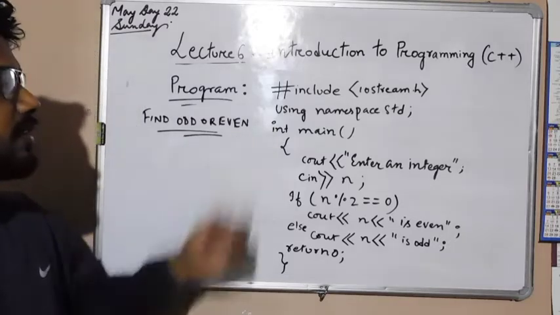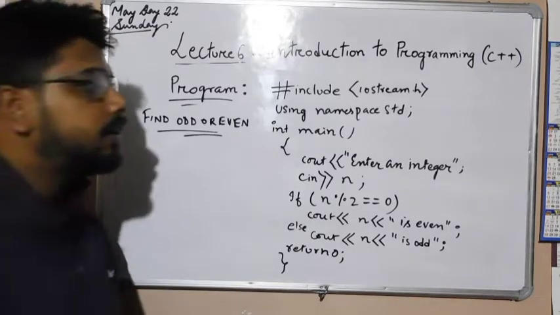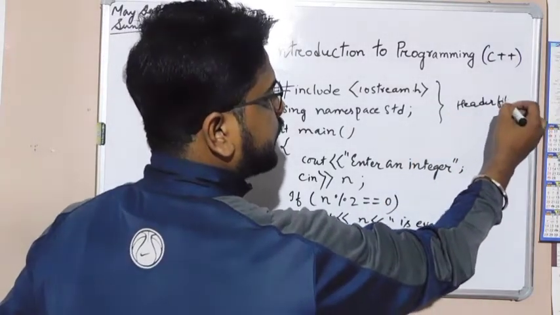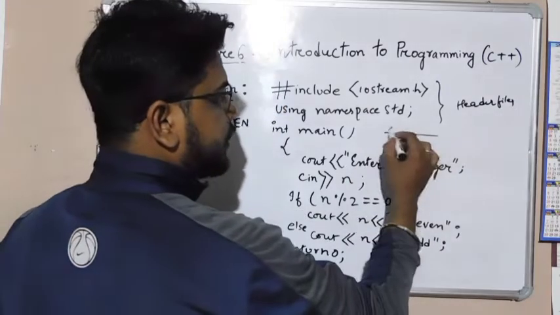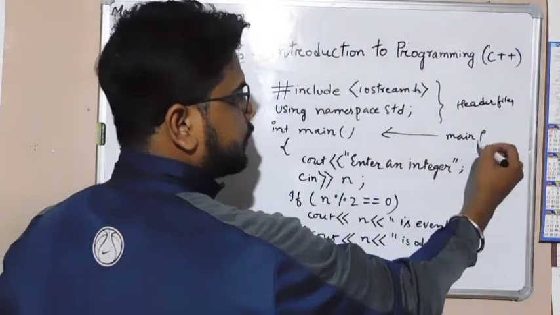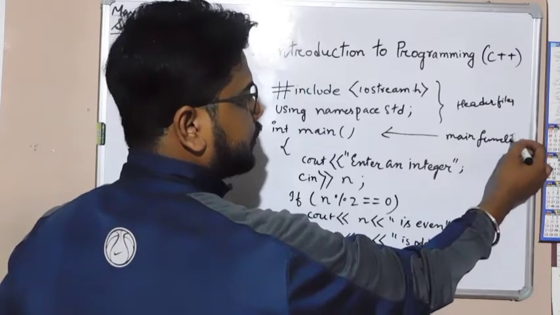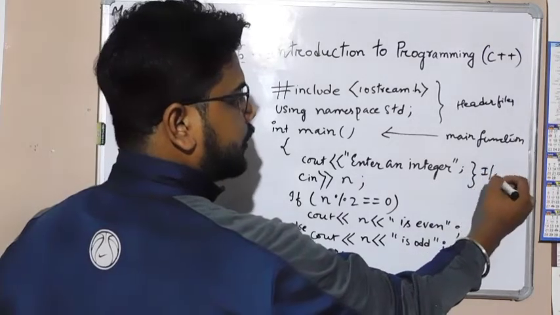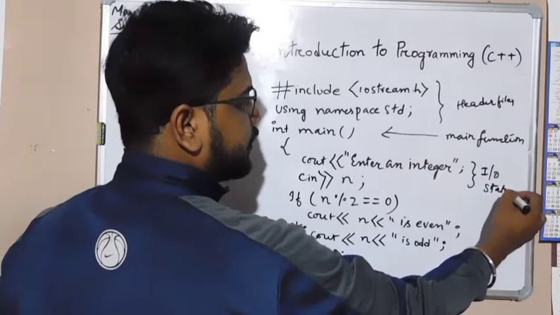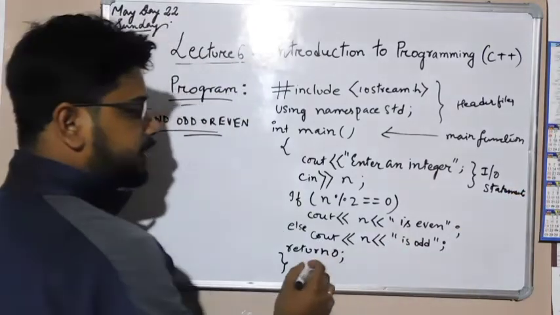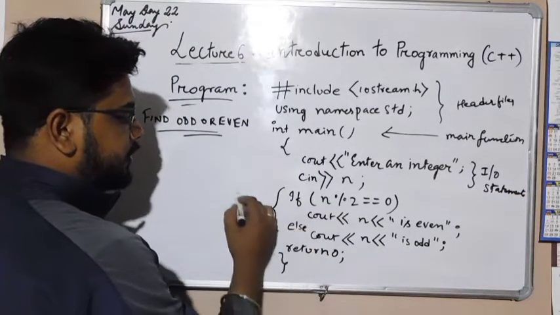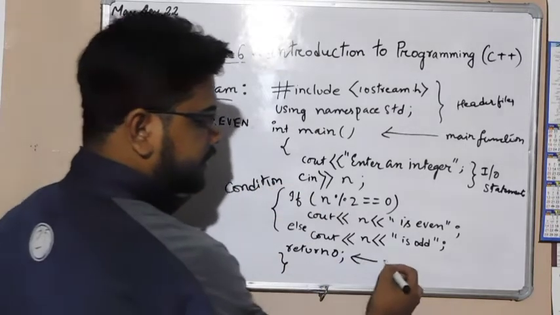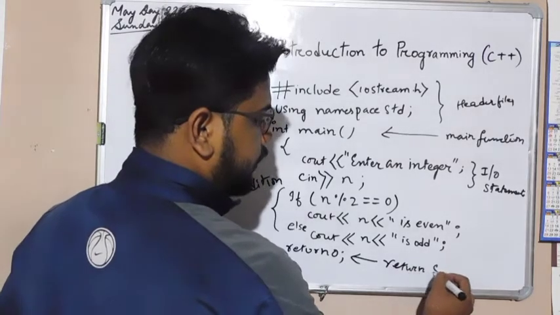And since you all are aware of the various parts of a C++ program, for example, these are the header files, this is the main function, these are the input output statements, this if else is the condition, and this lastly is the return statement.